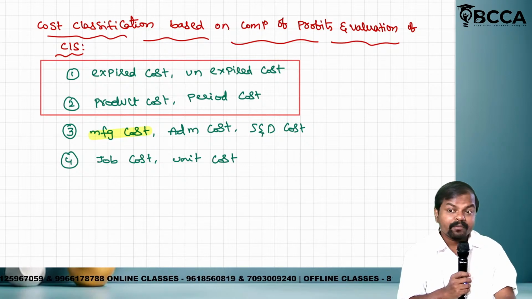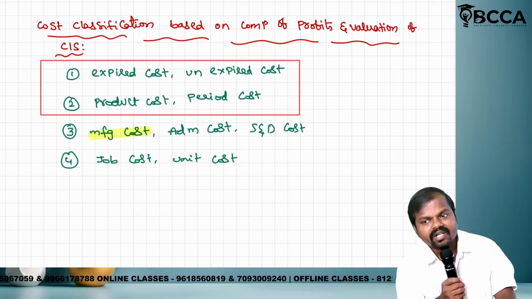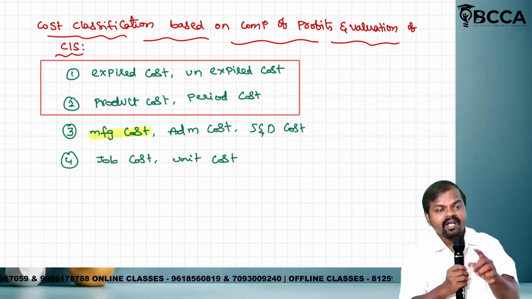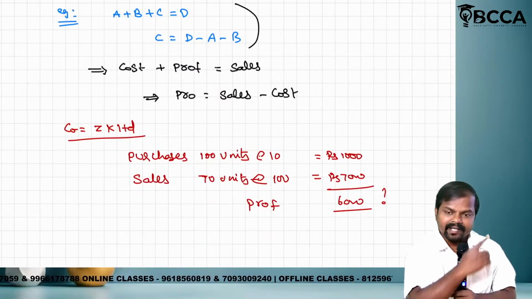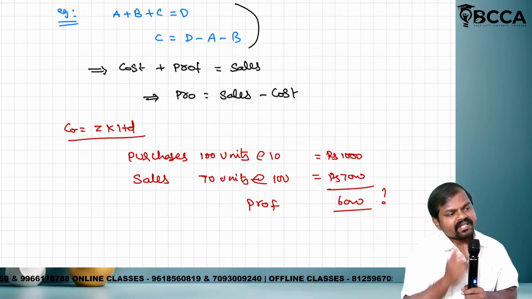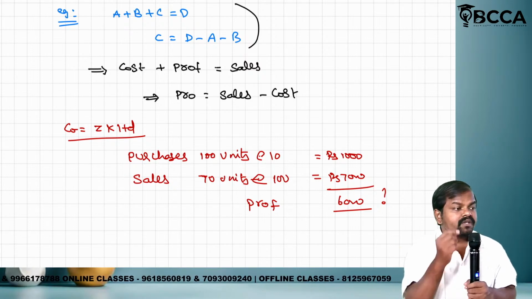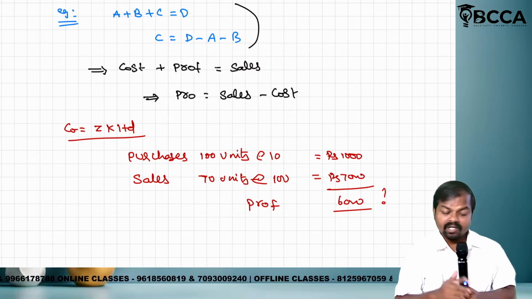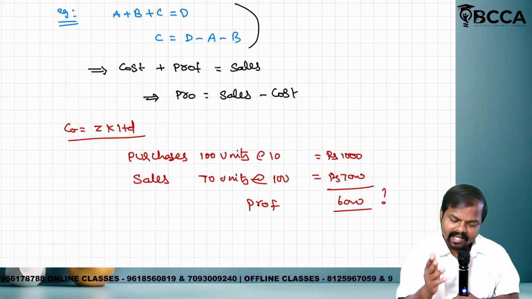Now, time to discuss the concept of expired cost and unexpired cost. If you remember the previous class, we discussed one example. Cost plus profit is equal to sales, so profit is equal to sales minus cost. In the example, the company name was ZK Limited.